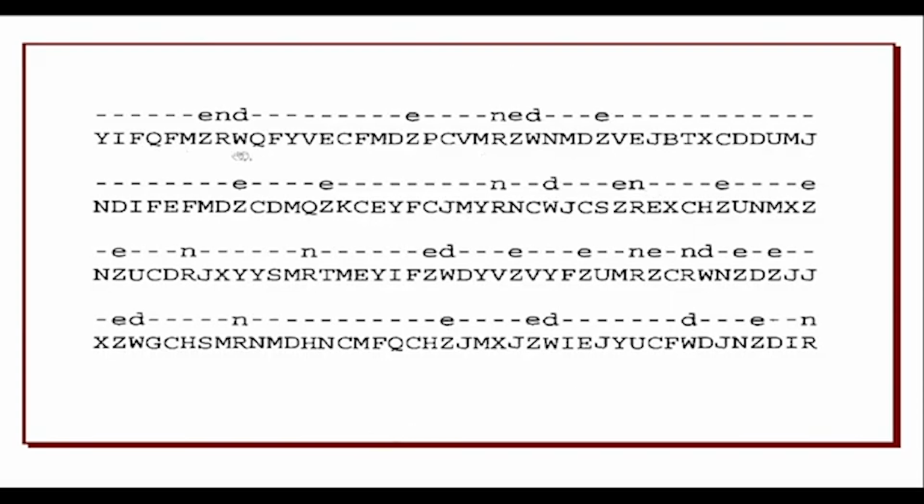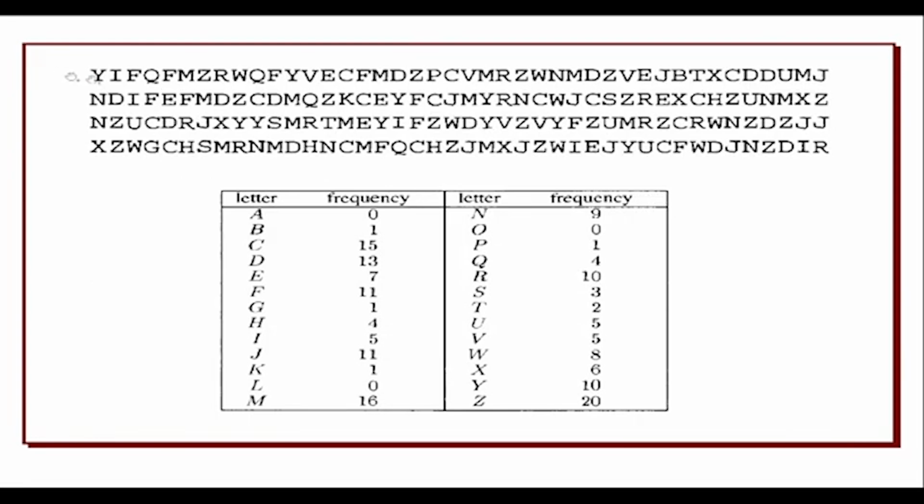So, if you do that, this will be the corresponding letter we place: E, D, N, like this. Okay. So, this is the first sentence of the ciphertext, this is the second, third, fourth.